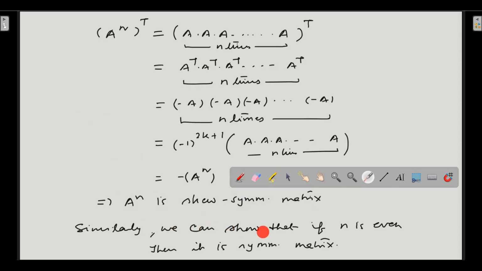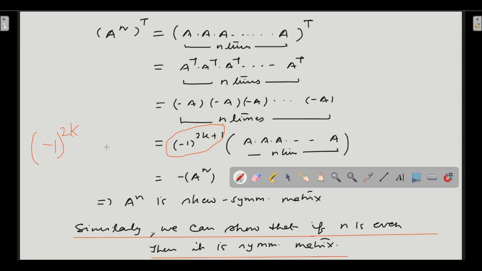Similarly, we can show that if small n is even, then it is a symmetric matrix. In exactly similar fashion we can show this. What will be the difference? If we prove it for n even, then instead of this entity in the circle, this entity will appear.